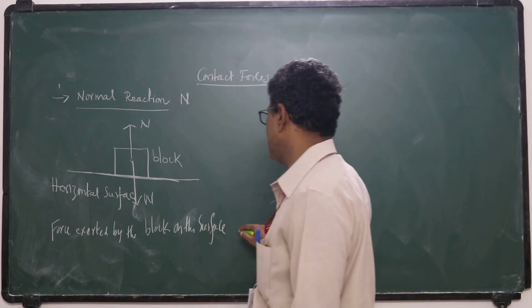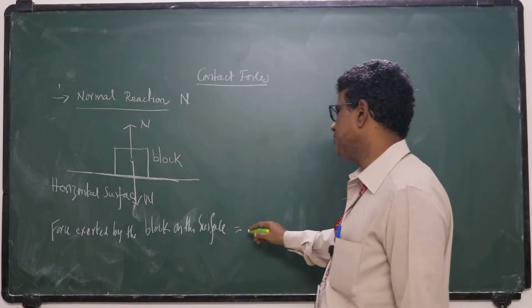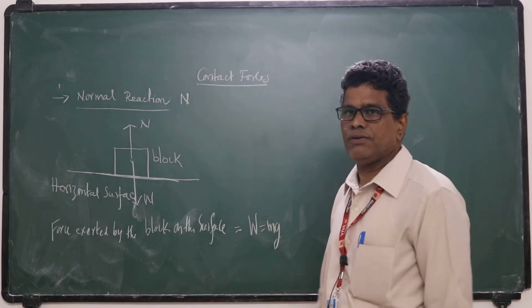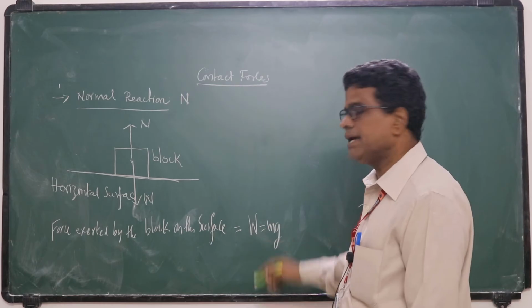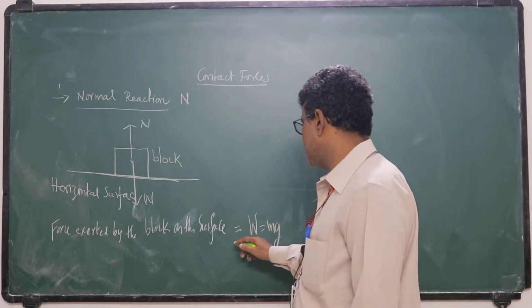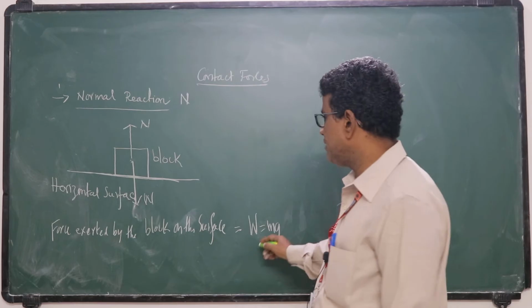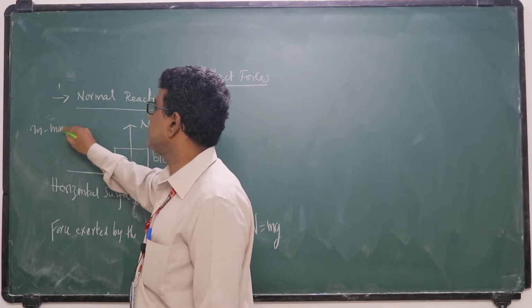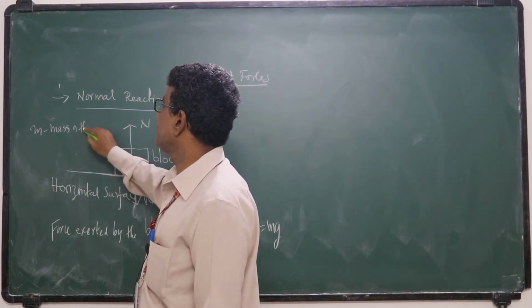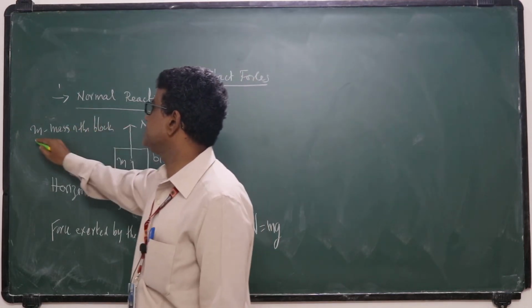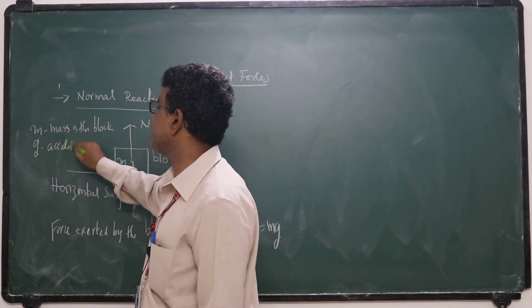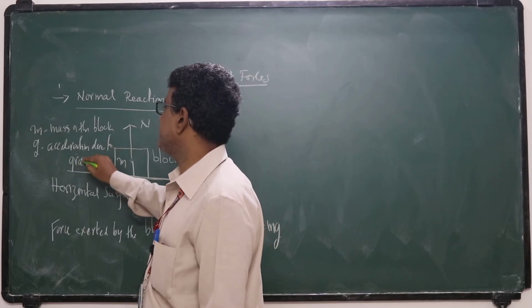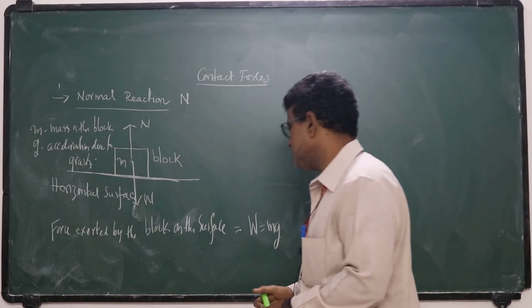It is W, the weight of the block, written as mg, where m is the mass of the block and g is the acceleration due to gravity.